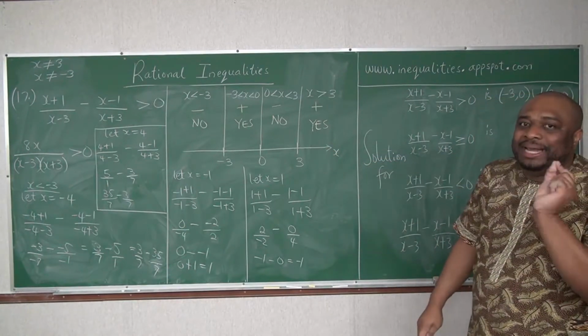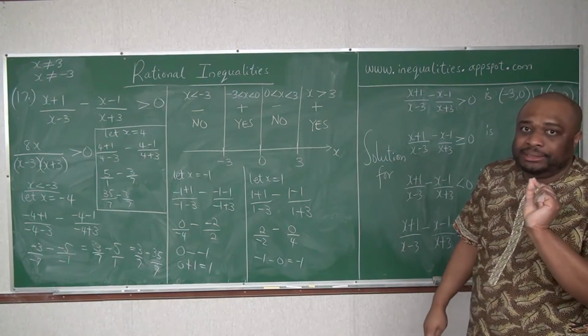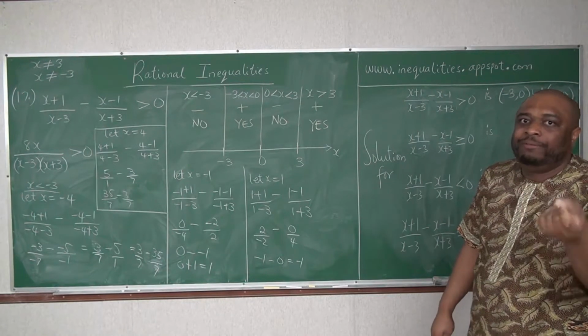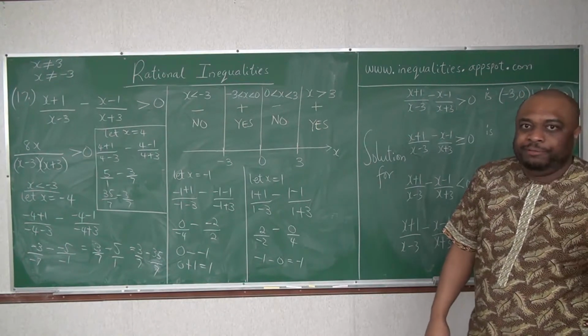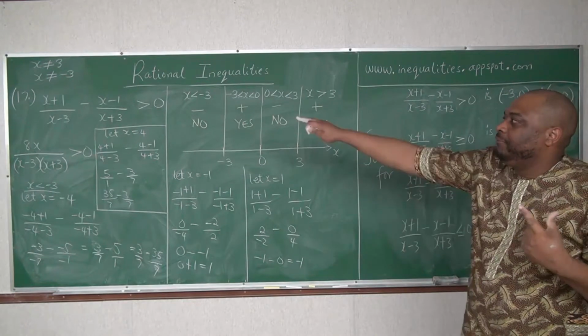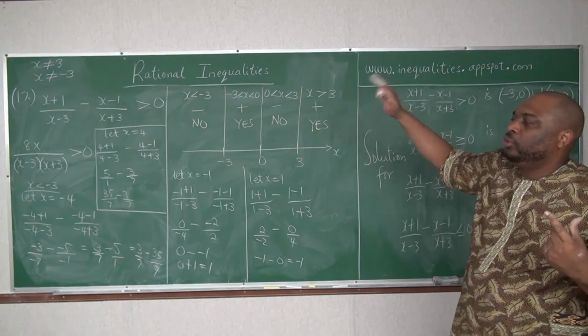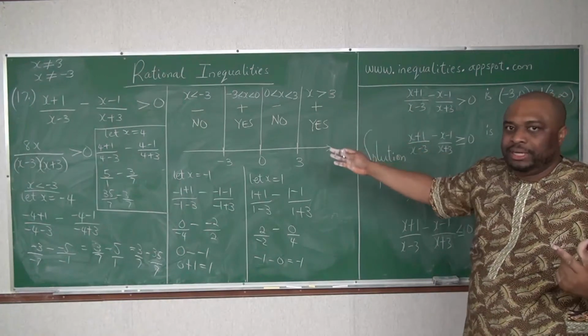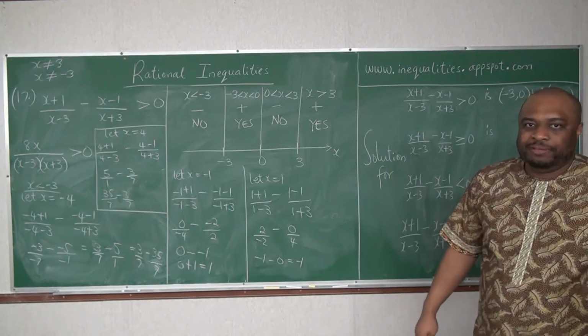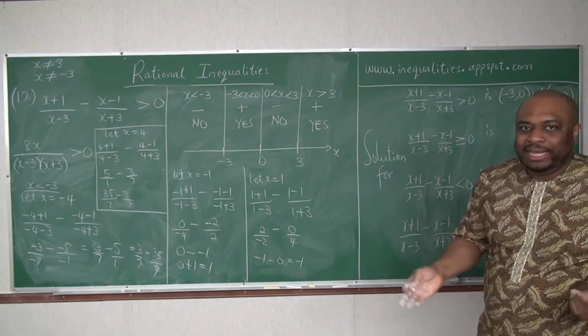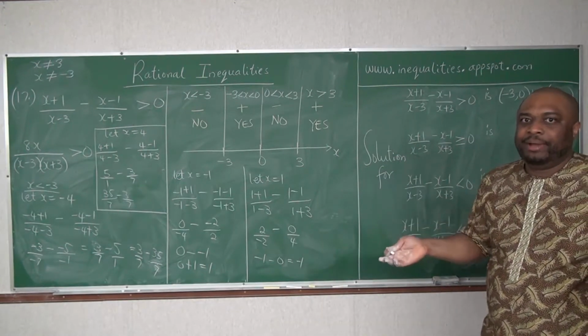Is 0 included? Yes, 0 is included. Okay, and I showed you that with the previous video. Because if you have greater than or equal to 0, if you put 0, you will still get 0 greater than or equal to 0, like we did in part 1 of the video. We don't need to do it again here. You understand what I'm saying, right?